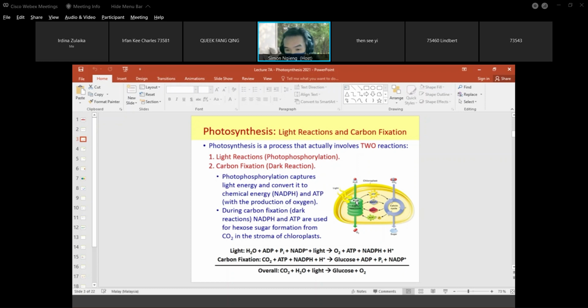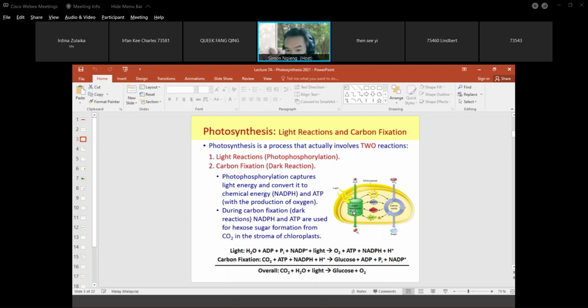At the end of the day, you end up getting the most important things, your ATP and NADPH. At the same time, water is going to be needed, basically to replenish electrons.